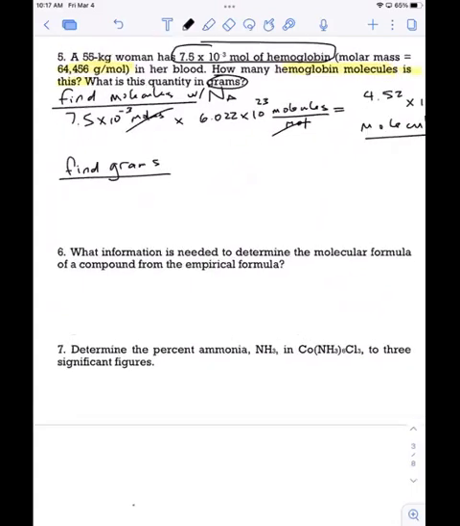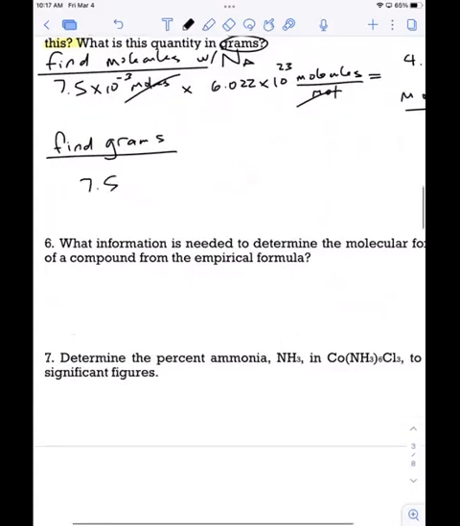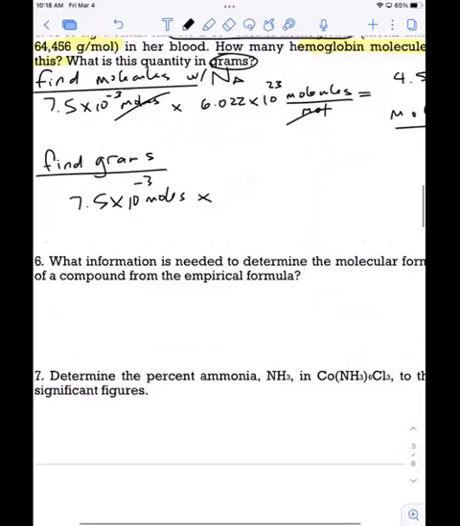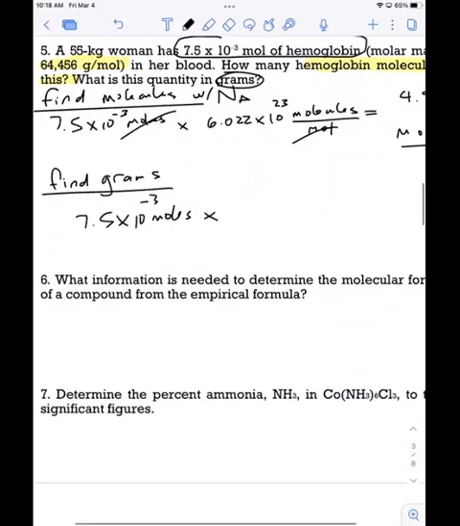So that's 7.5 times 10 to the minus 3 moles times the molar mass, which they gave us, 64,456 grams per mole. The moles are going to cancel, and we're left with grams. Hemoglobin is heavy. Wow, I didn't know that was the molecular weight for it. But if I'm not mistaken, it contains iron, so it contains some heavy metals.